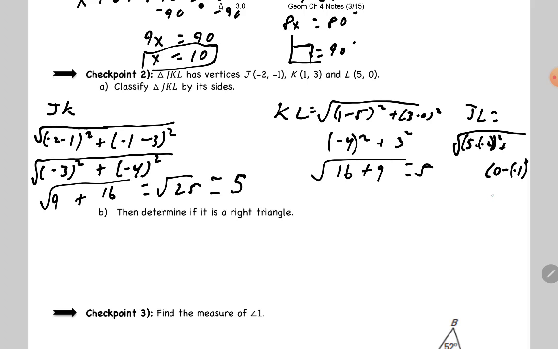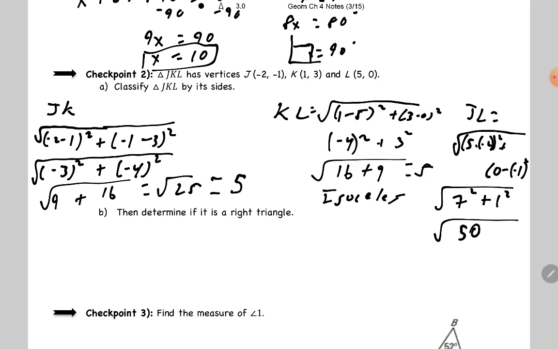So 0 minus 1 is 0 plus 1. So I have 7 squared plus 1 squared, which is 49 plus 1, which is 50. So that's not equal to 5. So isosceles.